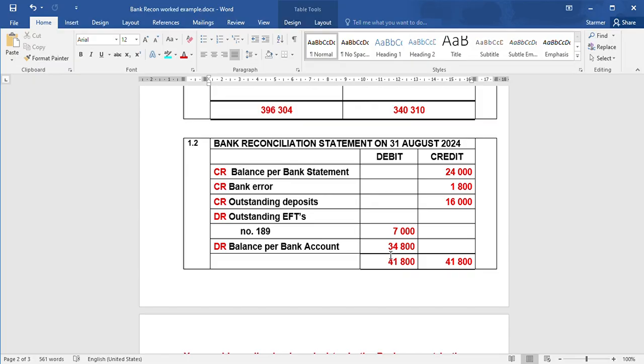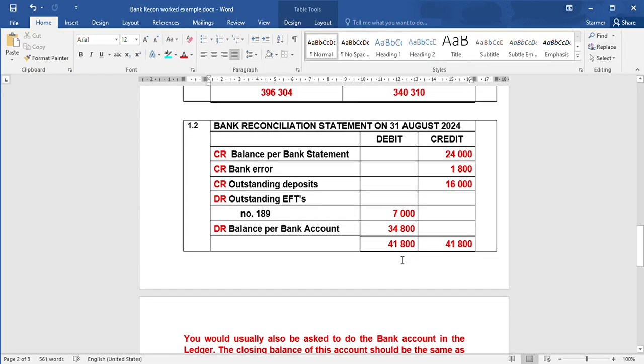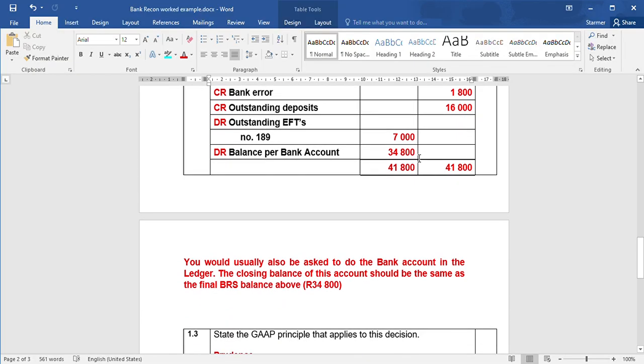If you were doing your bank account, you would then need to make sure that that balance there is exactly the same as the balance brought down at the beginning of the following month of 34,800. So those two numbers, the ledger and the bank recon statement, the balances should be in agreement.